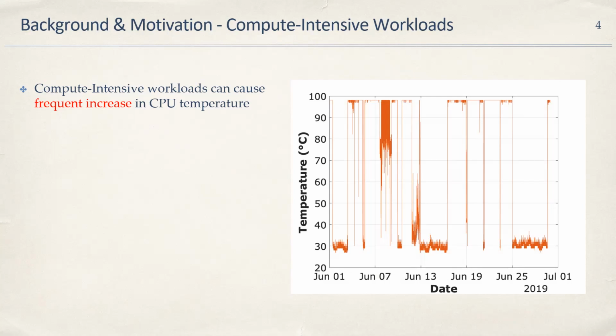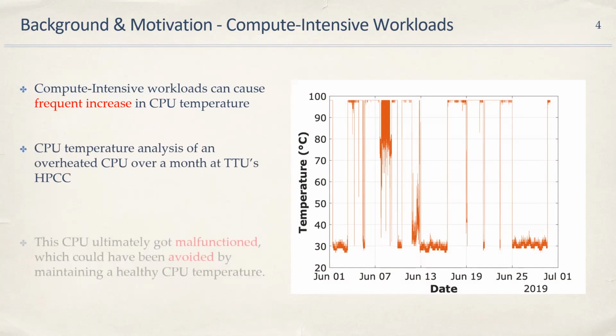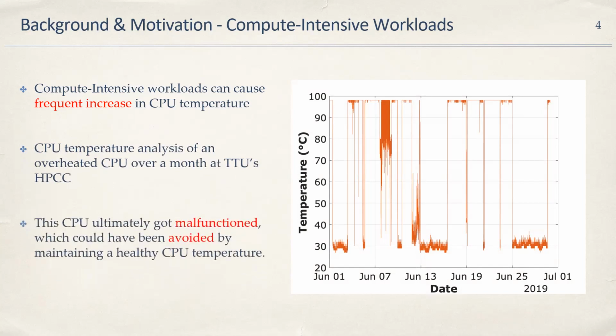There was one heavy workload which was causing this CPU to overheat very frequently, and unfortunately, this CPU ultimately malfunctioned, which we believe could have been avoided by maintaining a healthy CPU temperature.